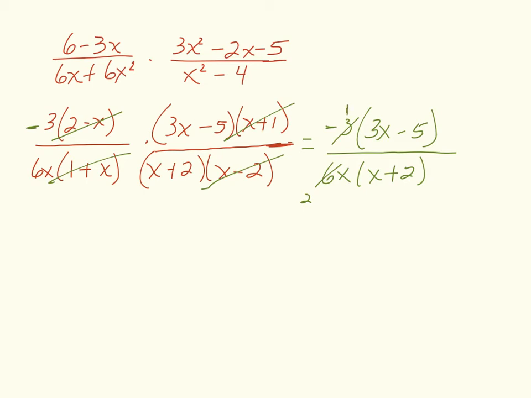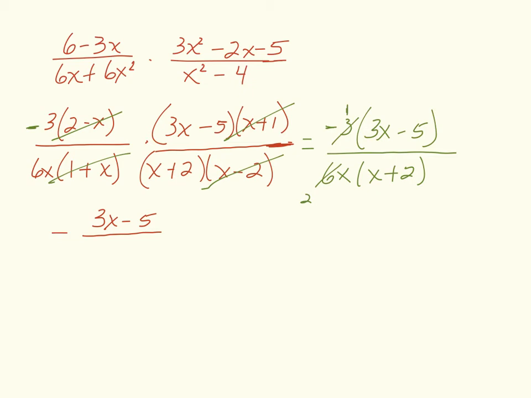All right, so ultimately what we have is negative, or the opposite of, 3x minus 5. I'm going to put the negative out front. Sorry about that, my phone was ringing.